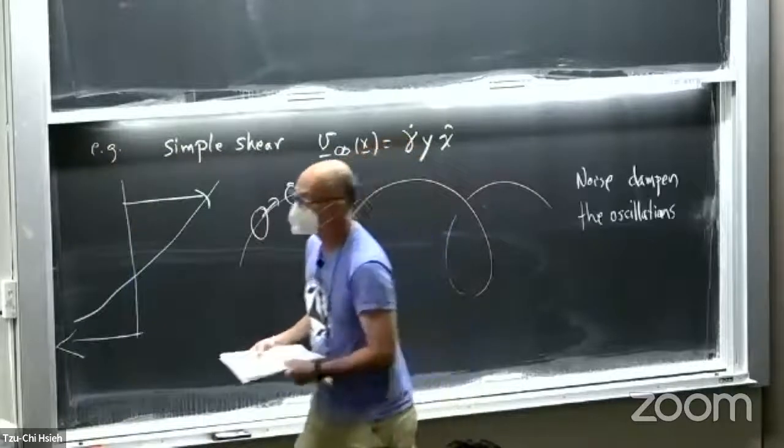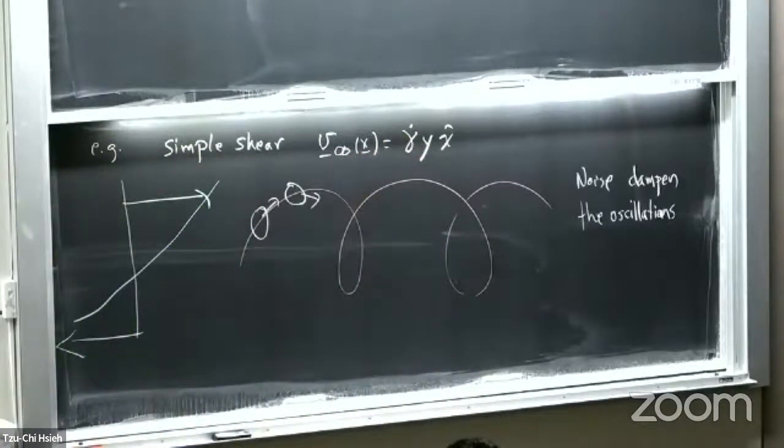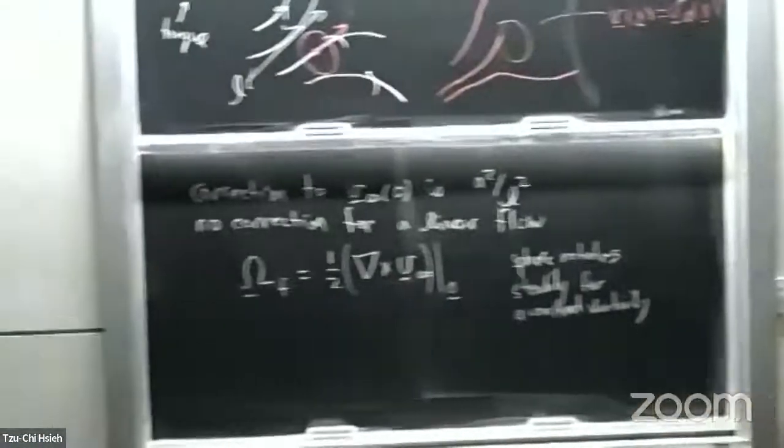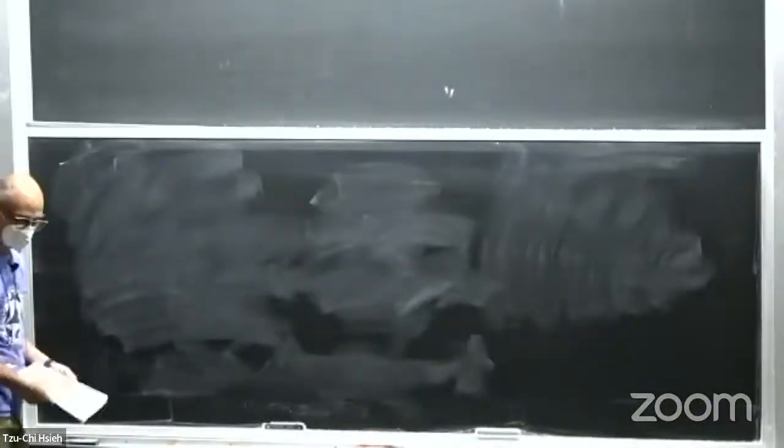Another example is Poiseuille flow, which is a little more interesting. What happens in Poiseuille flow? So here it's different depending on whether you're swimming upstream or downstream.